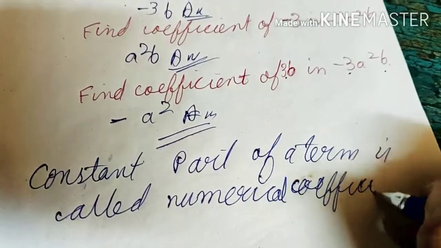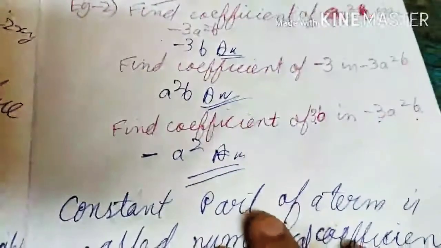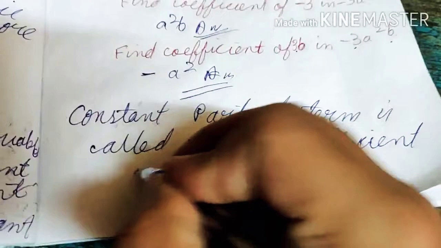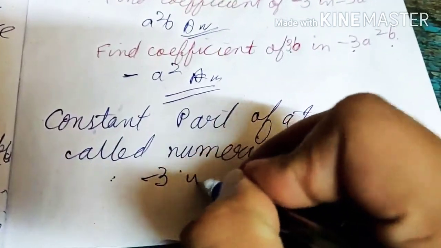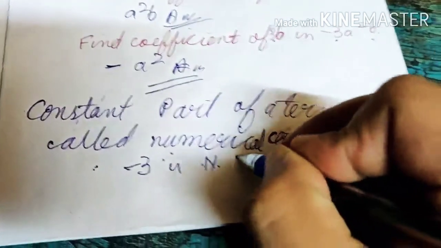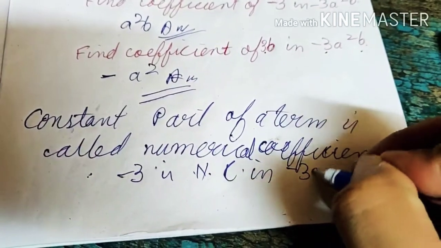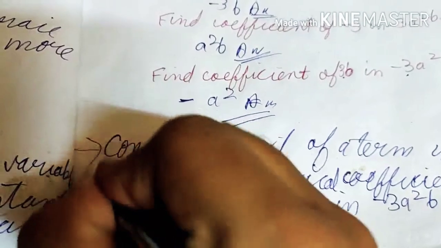Like in this minus 3a square b, here minus 3 is the numeric coefficient. Minus 3 is the numeric coefficient in minus 3a square b. Okay, this was our first thing.